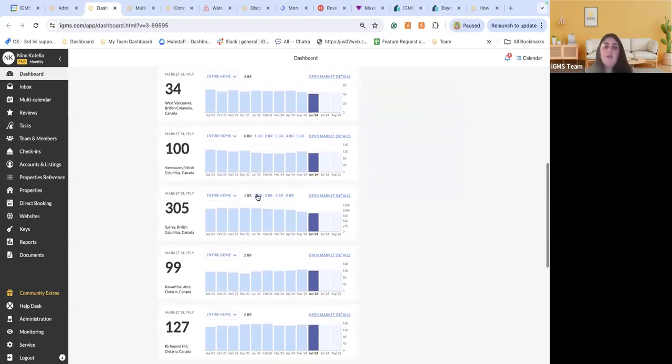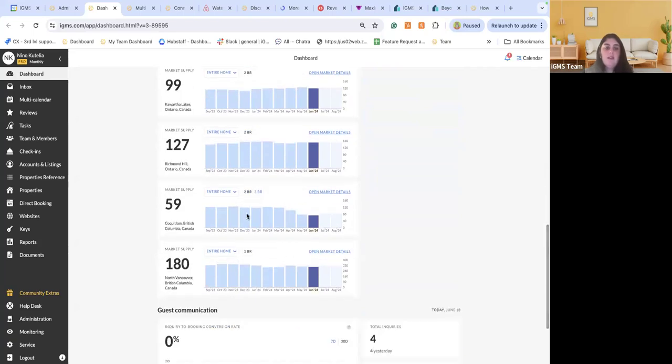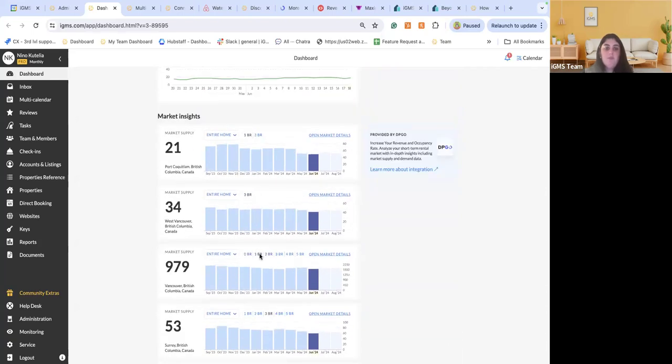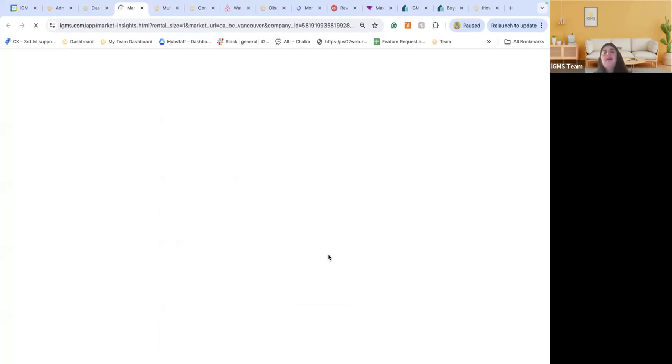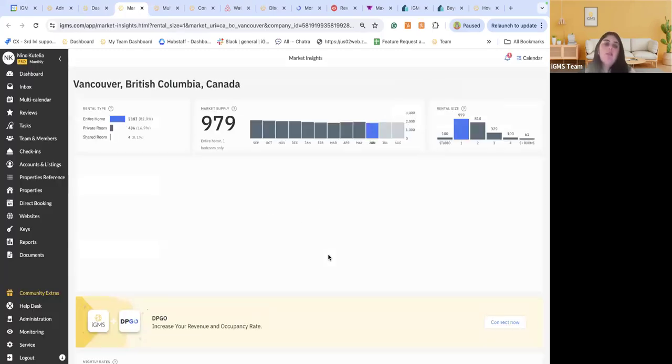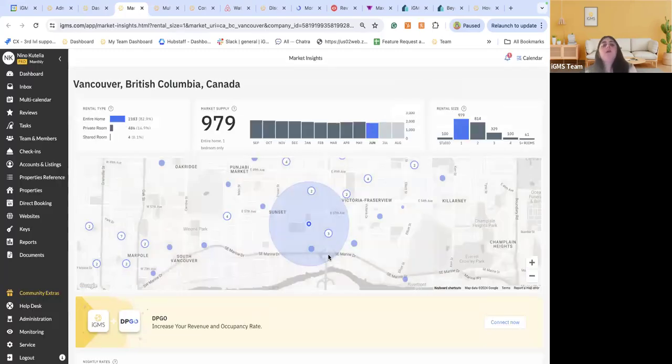As an example, I will take a market insight, let's say for 1 bedroom in Vancouver, British Columbia. I can click open market details, and this would be all of the information regarding my market and what's happening around it on one page. These are the stats that dynamic pricing tools are currently using.